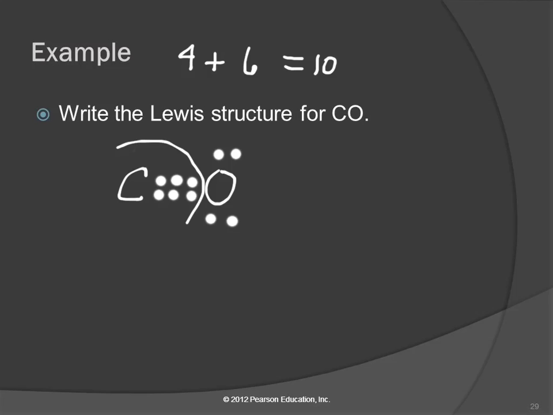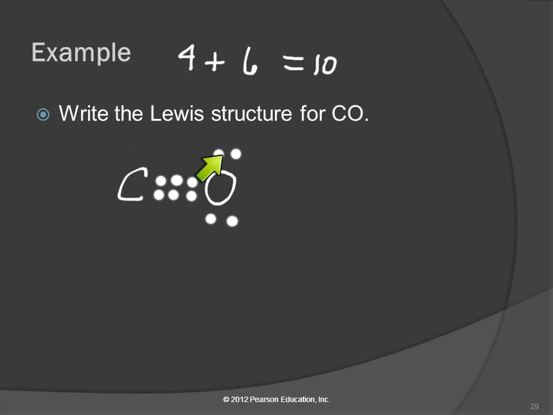Now what do we have? That carbon still has 6. And now this oxygen has 2, 4, 6, 8, 10. More is not better. It's 8. We need 8. So how could we fix that?